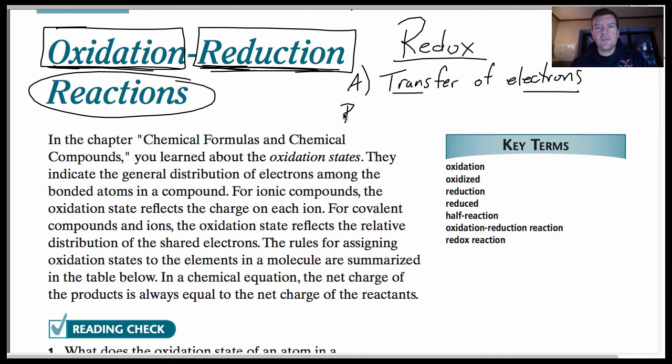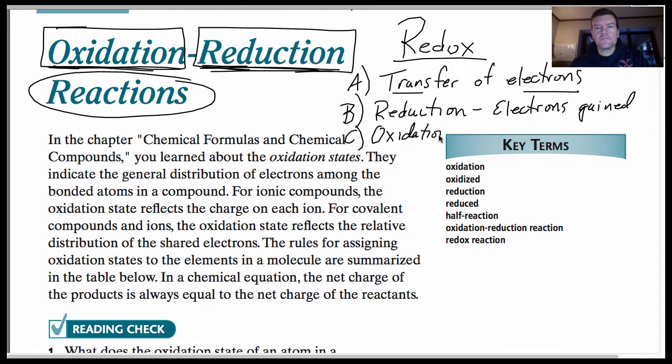So you need to know that reduction is the part where electrons are gained. Okay? And then oxidation is going to be the other half of the reaction where electrons are lost. Okay? So something has to gain electrons, something has to lose electrons.